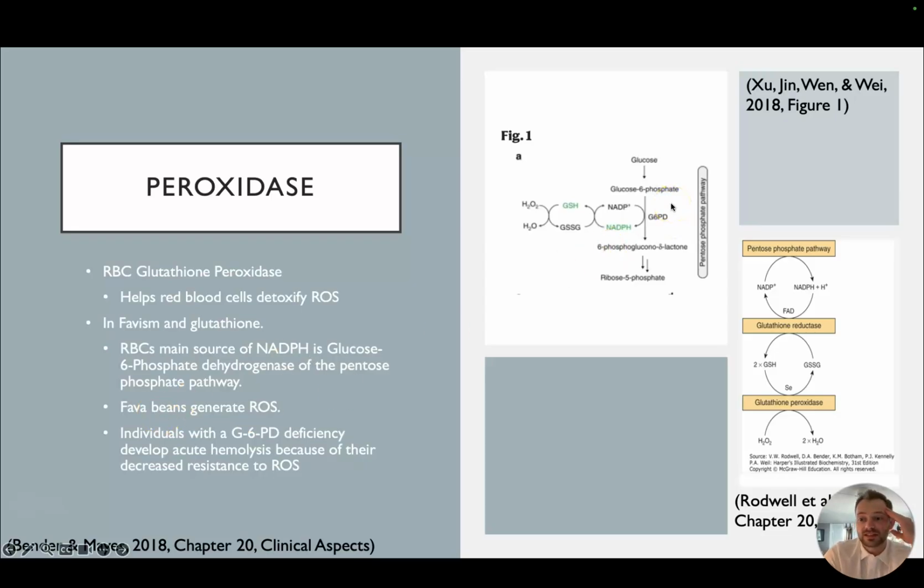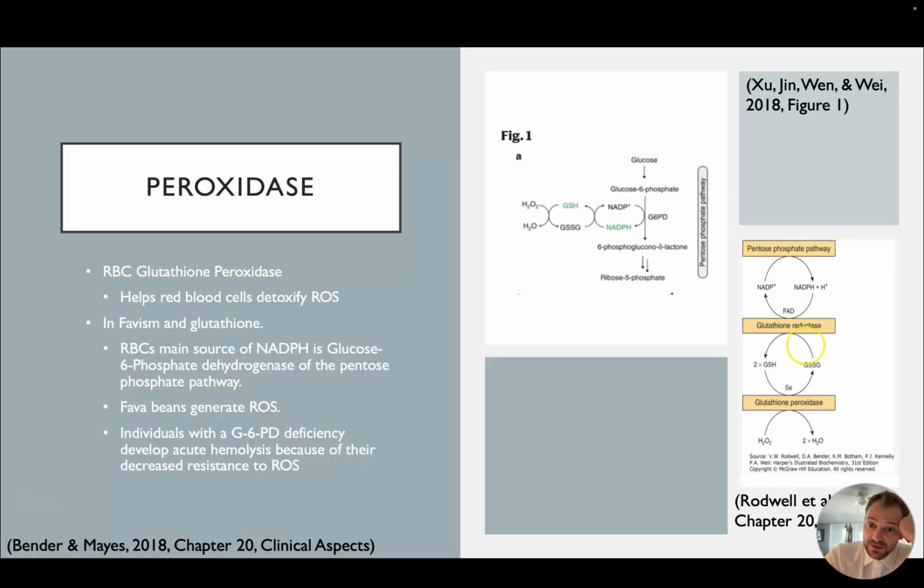And one interesting disease is favism, in which the pentose phosphate pathway enzyme glucose 6-phosphate dehydrogenase is either inactive or has a low activity, creating a reduced amount of NADPH in red blood cells. These red blood cells are less capable of fighting reactive oxygen species using this pathway here with glutathione peroxidase.